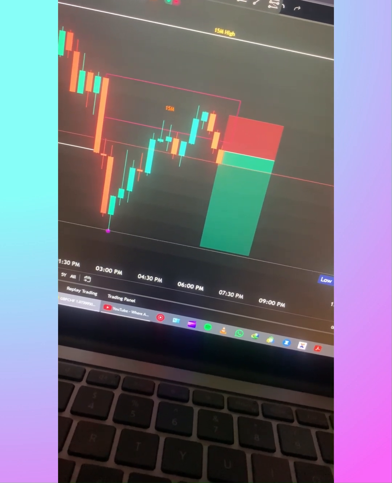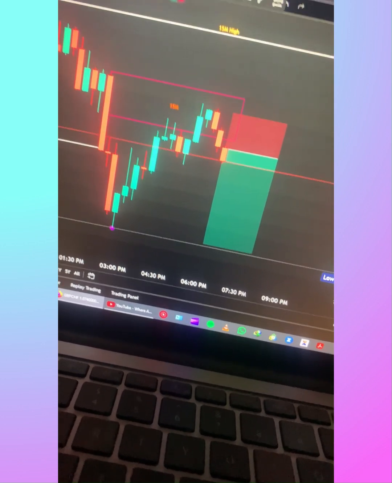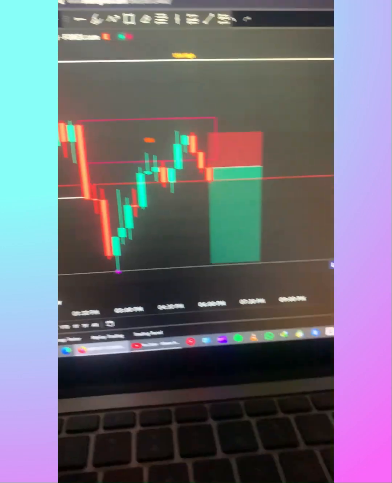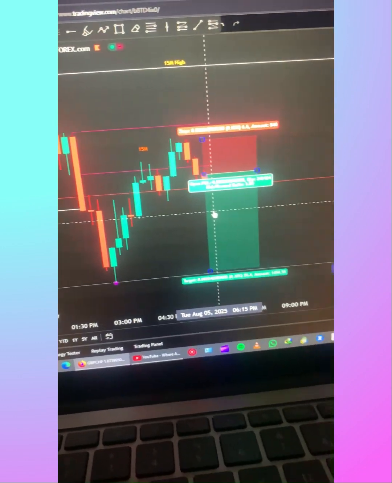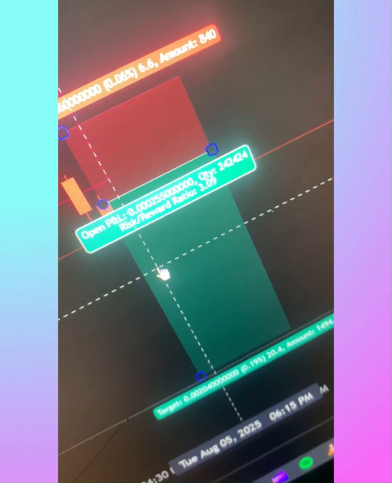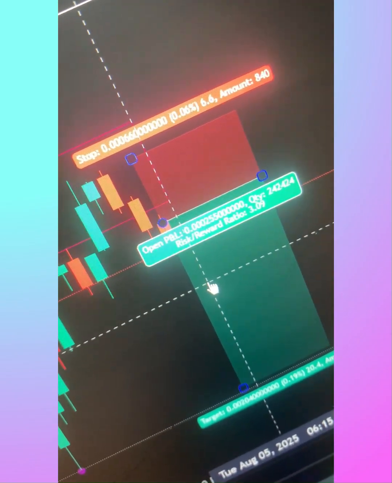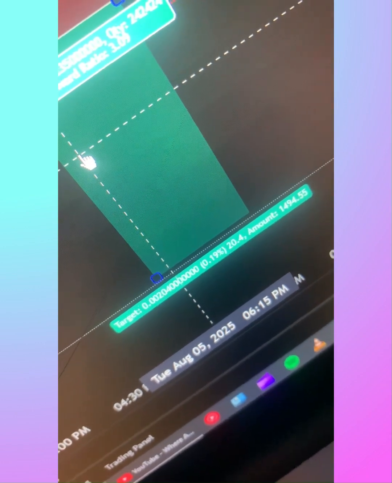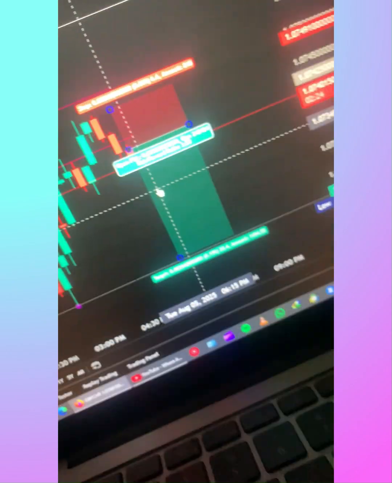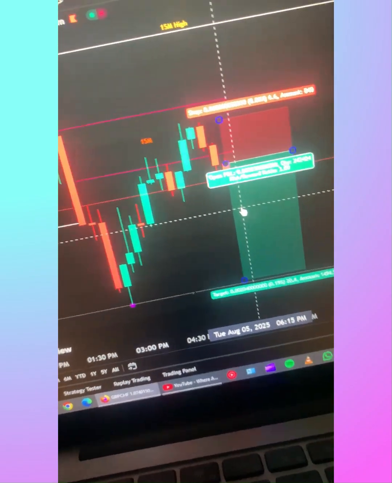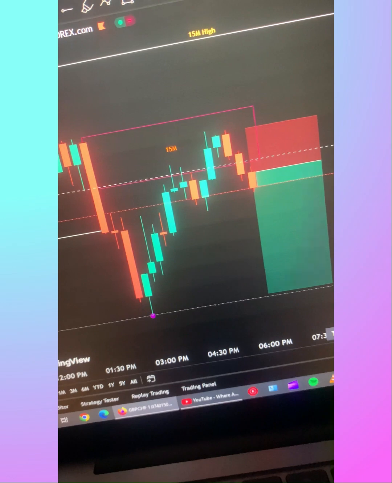The TP just adds where the risk to reward is showing. And let me show you guys the actual risk to reward ratio. You realize that it's 1:3 risk to reward ratio, 6.6 pips plus spread, and then to the downside is 20 pips. So 1:3 when the trade finally goes in my direction.